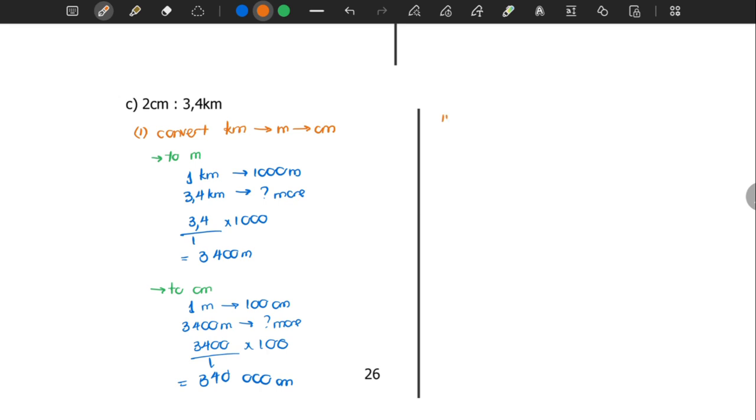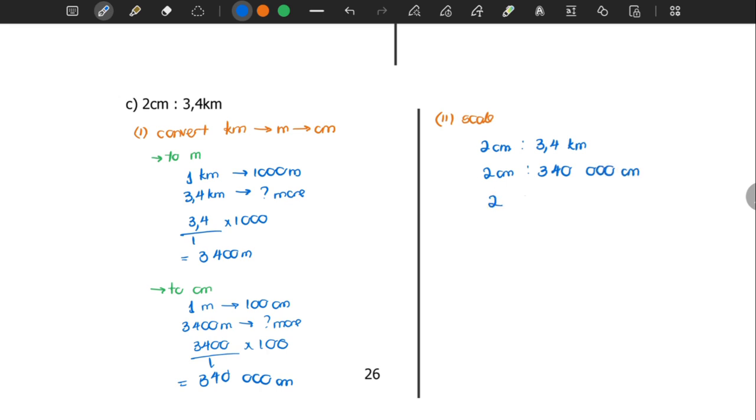Then the next bit is the scale itself, because what we started with is 2 centimeters representing 3.4 kilometers in reality. So we still have 2 centimeters. Now 3.4 kilometers in centimeters is the same as 340,000 centimeters.